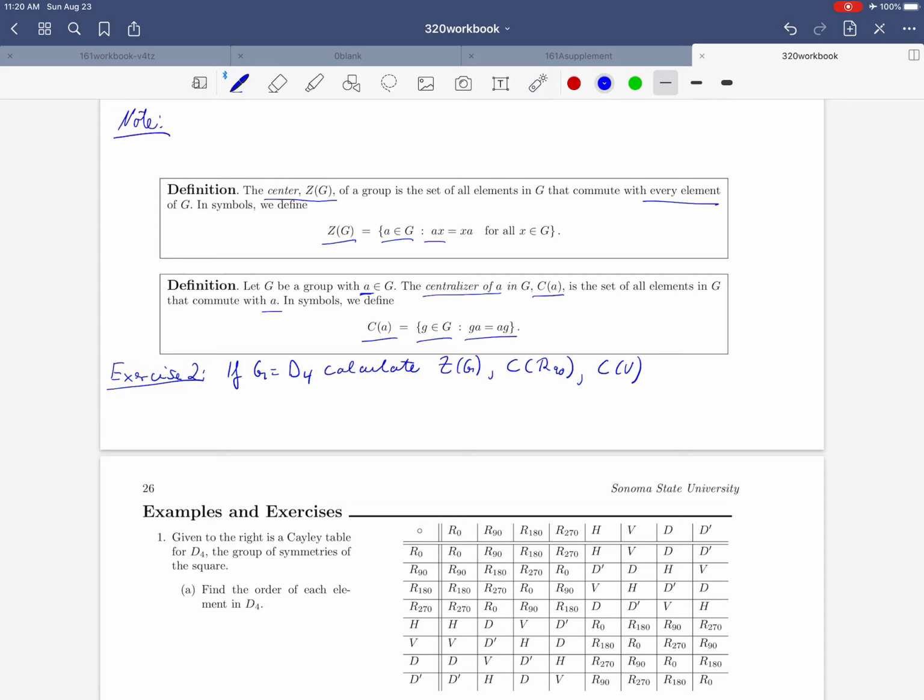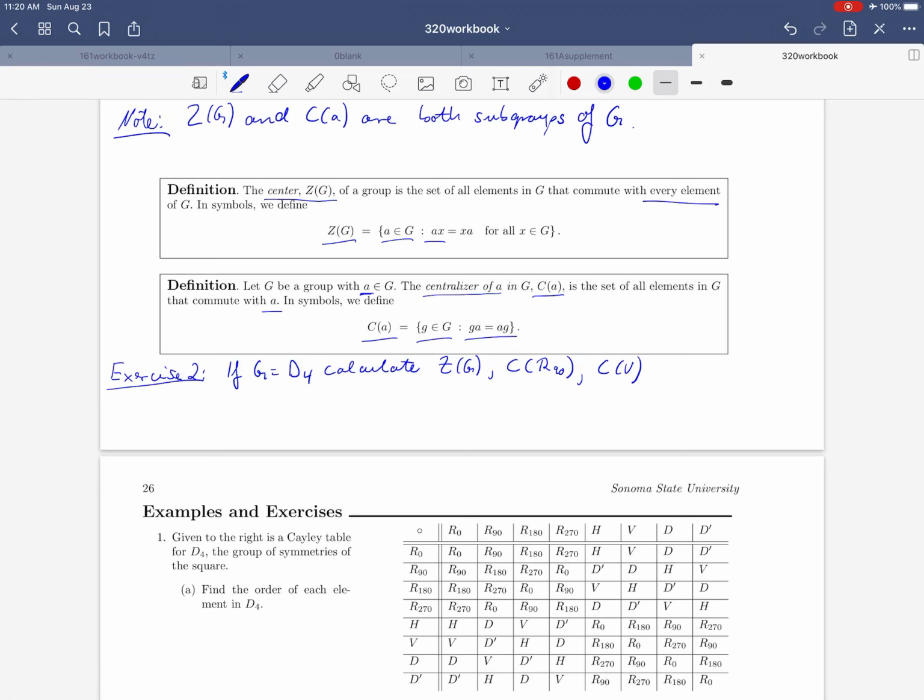Both of these new subsets of G are subgroups of G. So both the centralizer and the center are subgroups of whatever group G we are looking at.